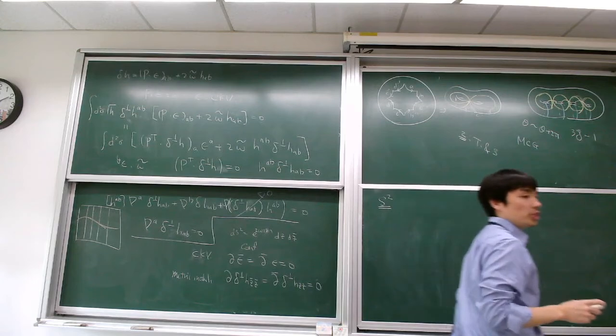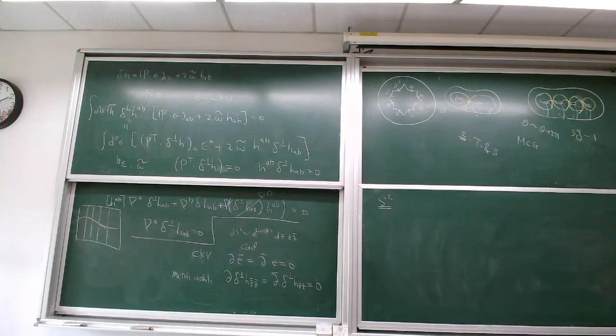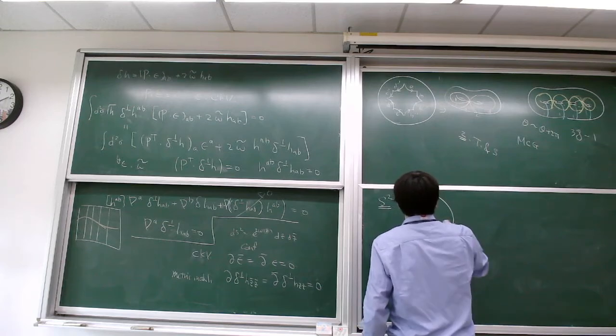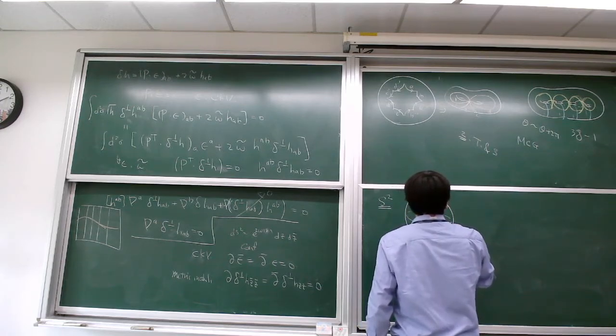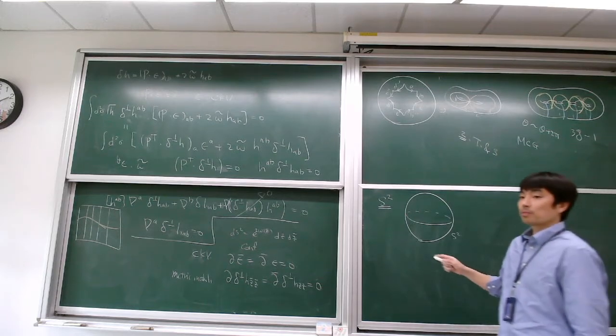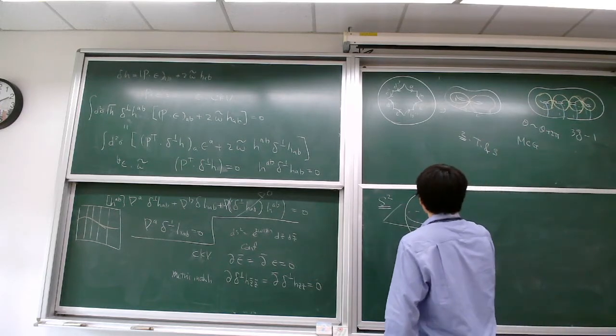If the worldsheet is S2. So S2, as you know, there's a sphere S2, and then there's stereographic projection.